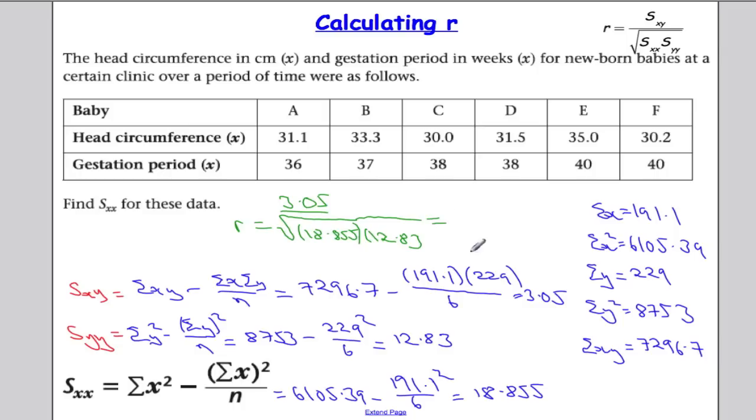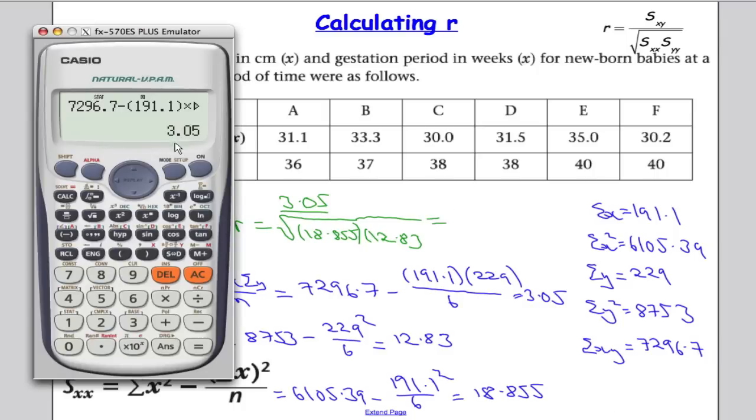So we plug that into the calculator. I'm going to do 3.05 divided by the square root of 18.855 times by 12.83.